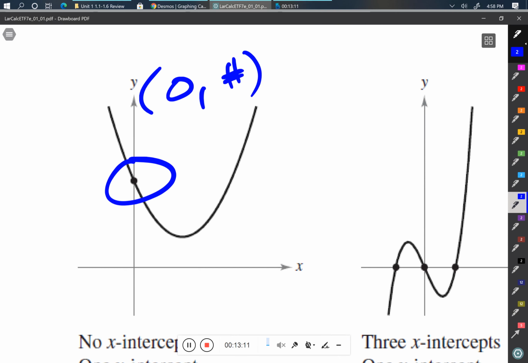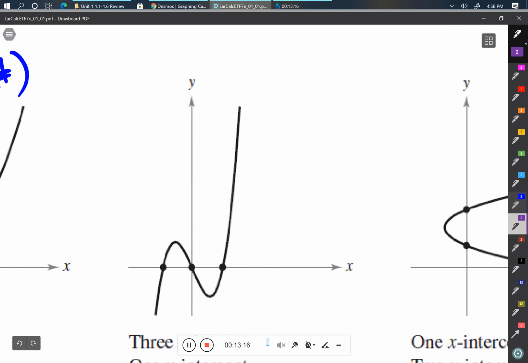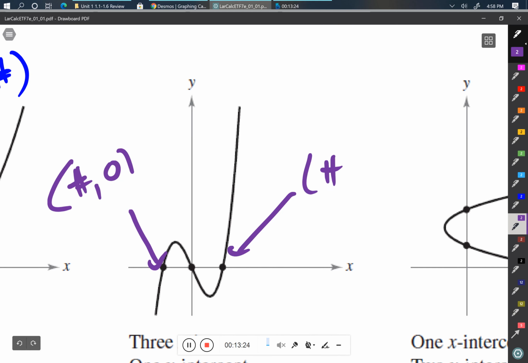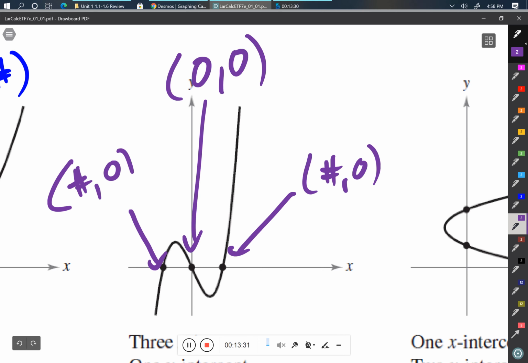And given that we're above the x-axis, I know that that number is positive. When I look at this graph right here, I know that this guy is going to be an x-intercept, so that's going to be some number, 0. This one over here is also going to be some number, 0. And it appears that one right there is crossing the origin, which would make it 0, 0.